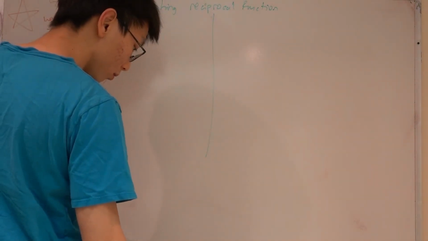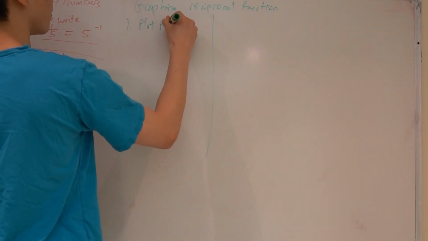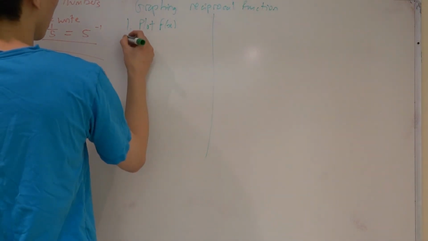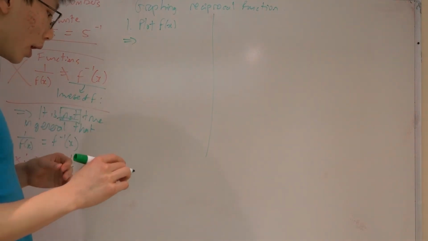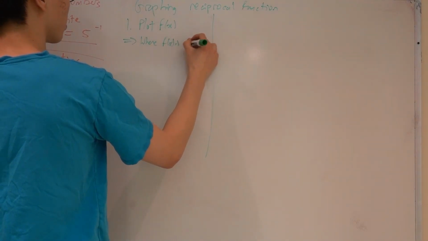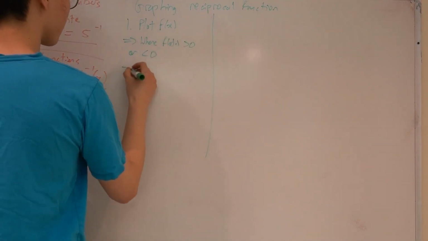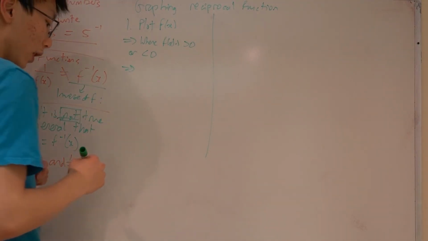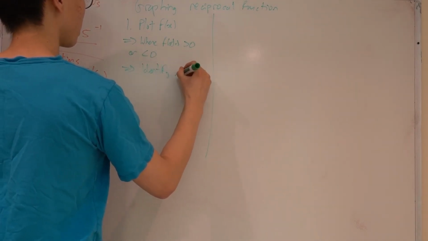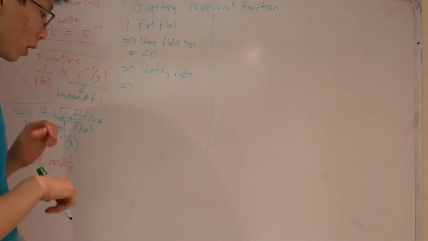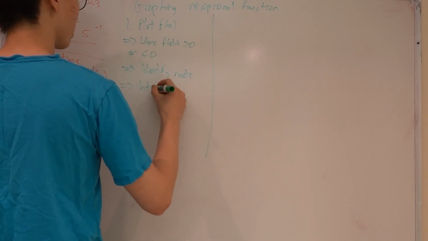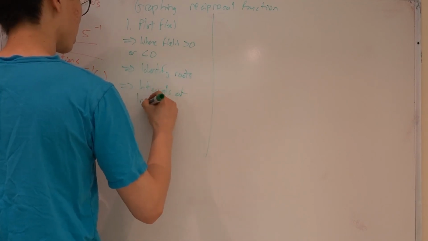Let's see. Okay, so plot f of x. Okay, we have a lot of tools for plotting our functions, but we're going to have to take some note of some things. Okay, so when we're doing this plot, what we want to do is figure out where f of x is greater than 0 or less than 0. The next thing that we want to do is we want to figure out if there are any zeros, so identify roots. Okay. Then you need to see intervals of increase or decrease.